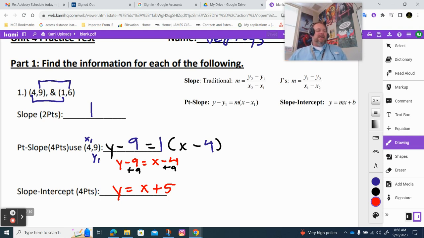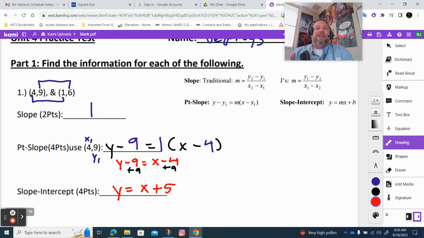Now, how many of y'all have actually done the math to see how many points each part is worth? Some of y'all didn't even do the math beforehand.